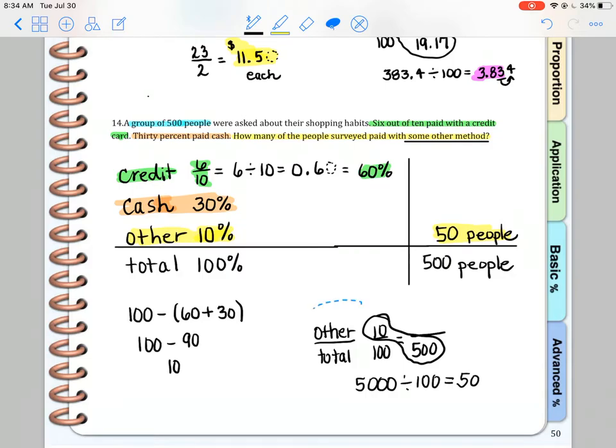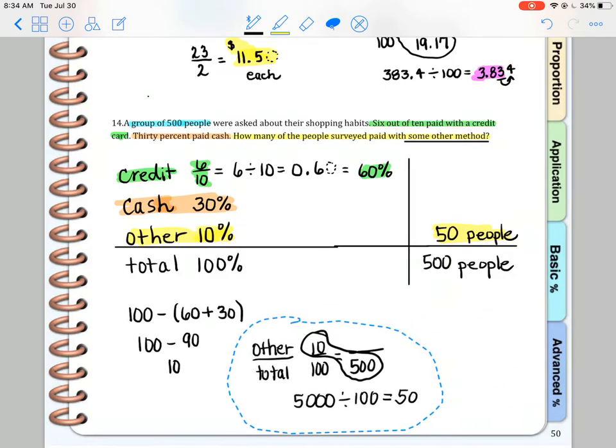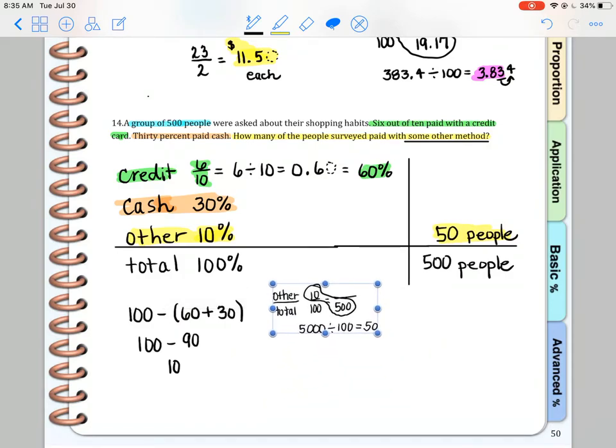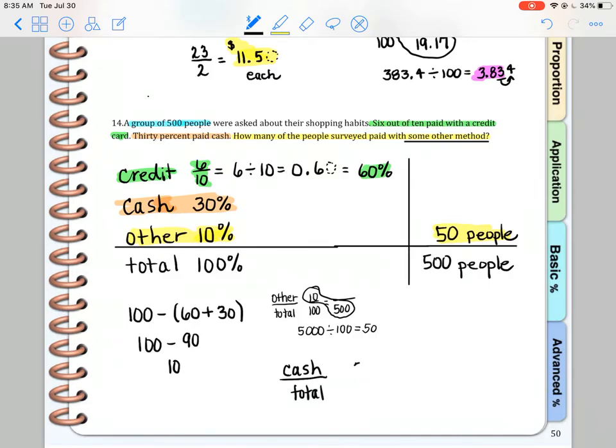And just because I don't like to leave things unfinished, I am going to go ahead and do the other two of these, or at least one more, and then I can just subtract. So I think I'll do the cash one. It doesn't matter. So I'm looking at cash over total, and cash was 30%. And we're looking again at a survey of 500. So we're going to multiply those two, and we get 15,000.